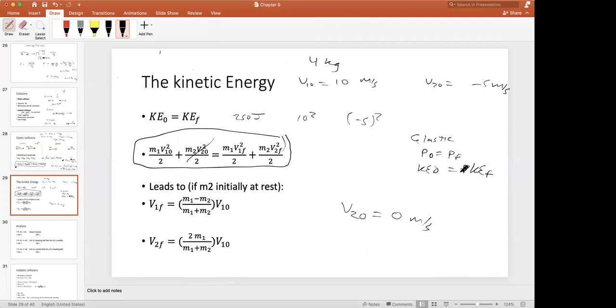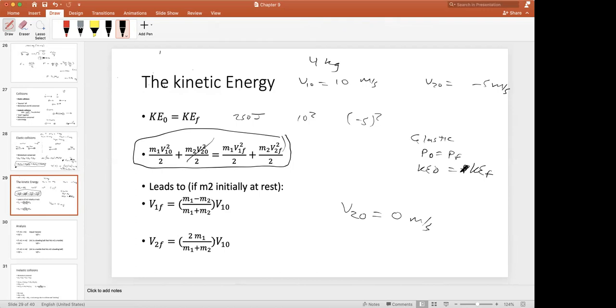Now, why would we want to do that? You might think to yourself, well, that's great. It works as long as V2's at rest and M1's moving, but how often is it the case that only one of the two particles is moving and one of them's at rest initially? Remember back when we did relative motion?